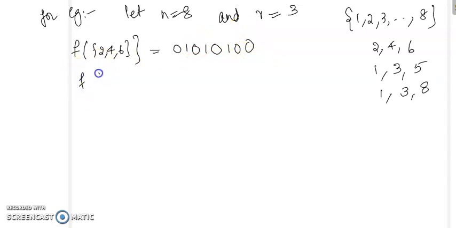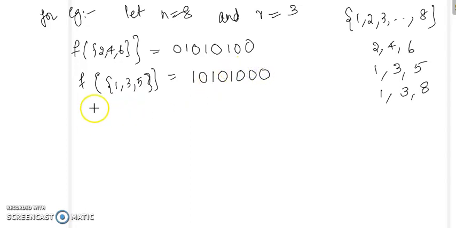Now let us look at what is the value corresponding to 135. Corresponding to 135, 1 is there, so in the first position 1 will come, 2 is not there, 0, 3 is there, 1, 4 is not there, 0, 5 is there, so 1, 6, 7 and 8 are not there, so 0 will come.